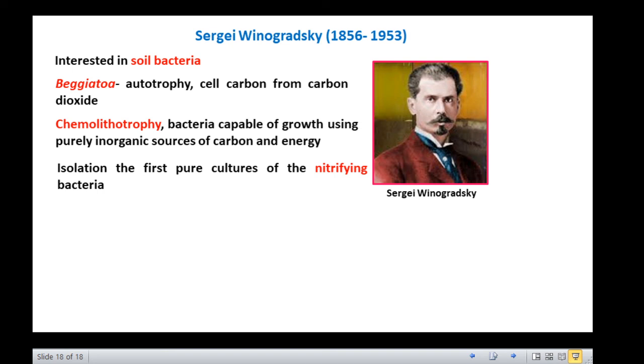This led directly to the concept of the biogeochemical cycles of nitrogen and sulfur in nature and emphasized the fact that these microbes were essential for the cycling of nutrients in the environment and the living world was dependent upon their activities.